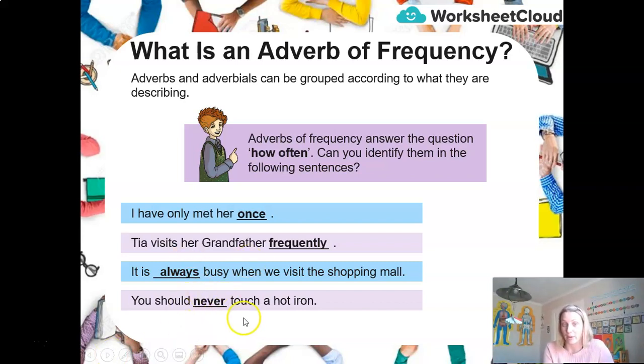Hopefully you all got that one. Now for today, I've only introduced you to these 5 forms of adverbs, but there are more that you will learn about as you progress through your English work in the coming years. So we're not going to complicate things further by looking at the other ones. There's lots of other ones. For the moment, we're just going to focus on these 5.